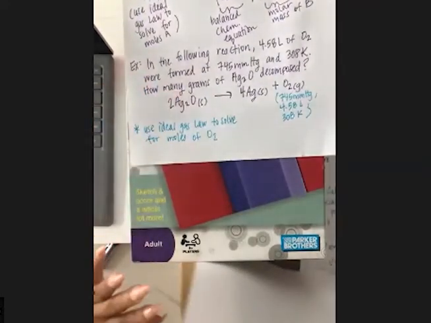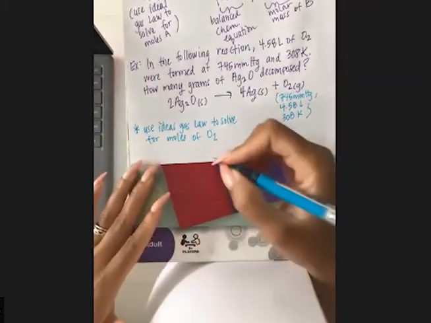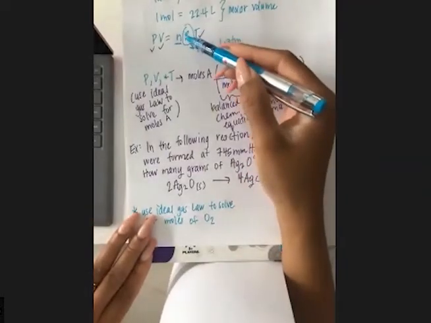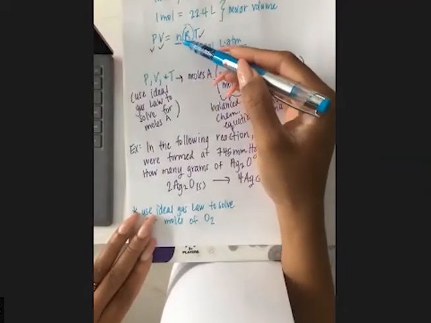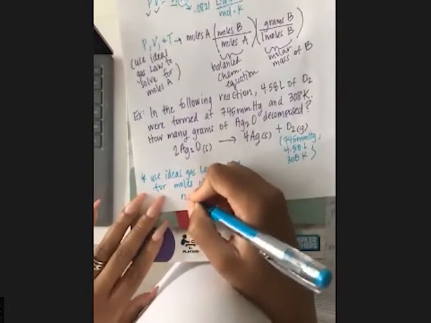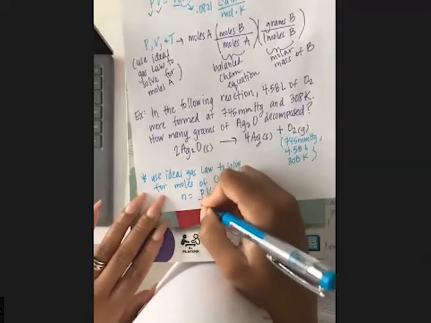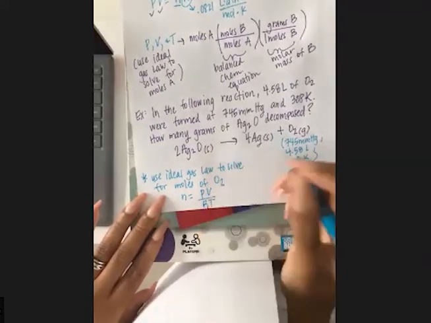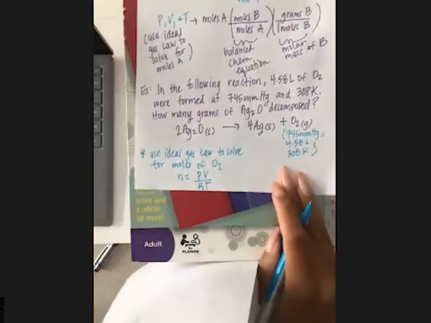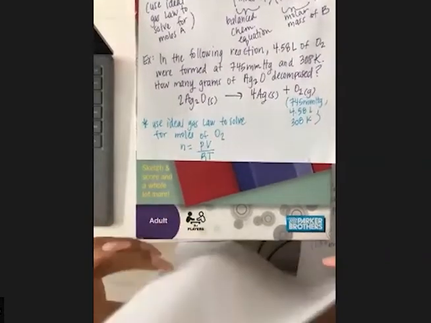You guys help me set this up. I'm going to solve for N in the ideal gas law, so N equals PV over RT. You guys help me set that first part up, and then I'll continue to go.